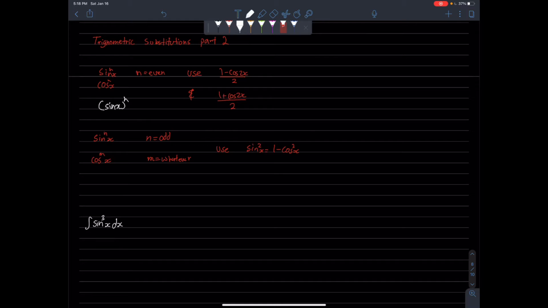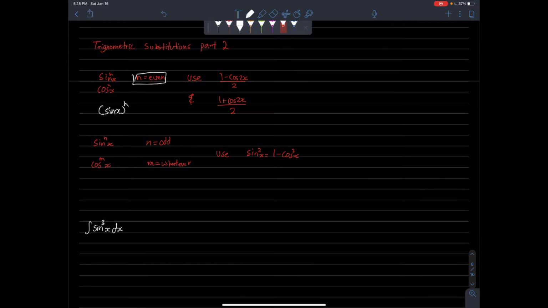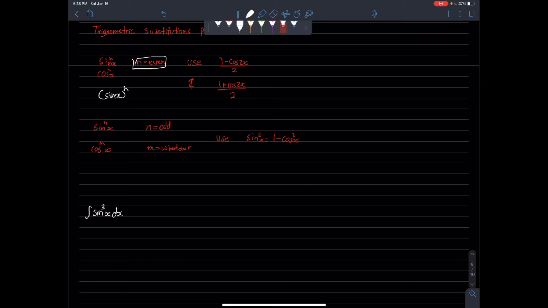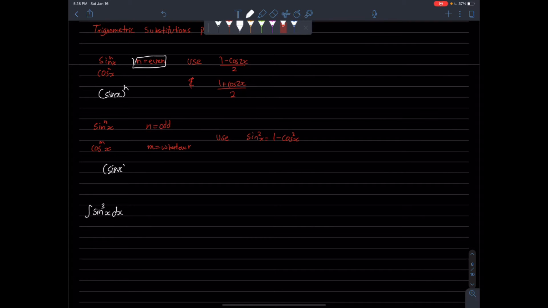right? If n is even in both, then you use the substitution of 1 minus cos 2x over 2 for sine, and the substitution 1 plus cos 2x over 2 for cos. And similarly, if you have sine x to the n, and you have cos x to the m, if n is odd, so if the power of the sine is odd, but the power of the cos could be anything, right?